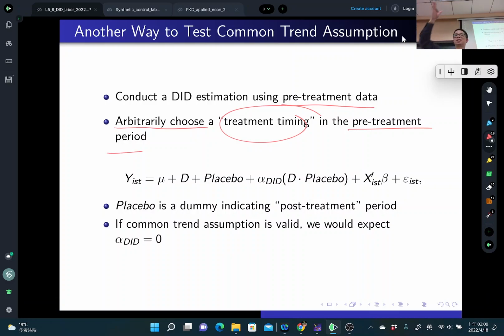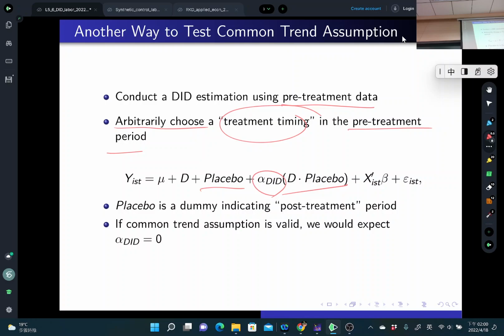The EITC expansion happened in 1994, but you just use the data before 1994 and choose 1992 as the treatment timing, but actually nothing happened at that time. And you run a very similar difference estimation, but you would expect this estimate is not significantly different from 0.